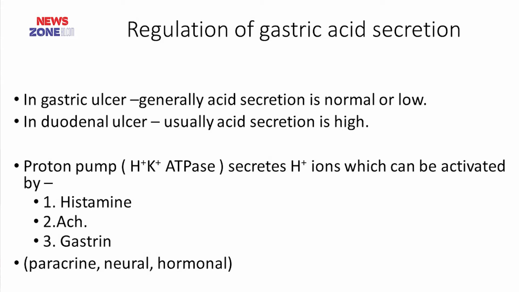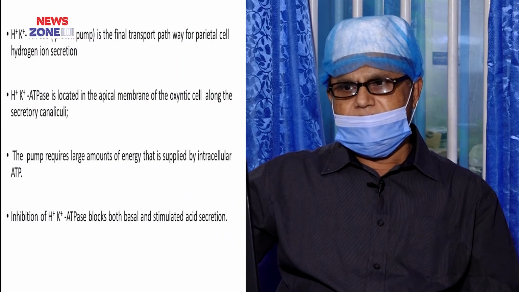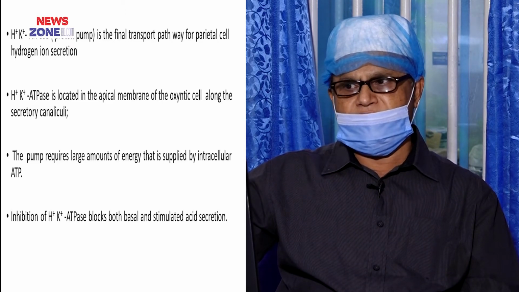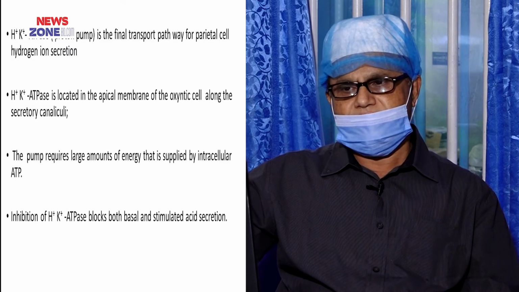Proton pump, hydrogen potassium ATPase, secretes hydrogen ions which can be activated by histamine, acetylcholine, gastrin. Hydrogen potassium ATPase, that is proton pump, is the final transport pathway for parietal cell hydrogen ion secretion.